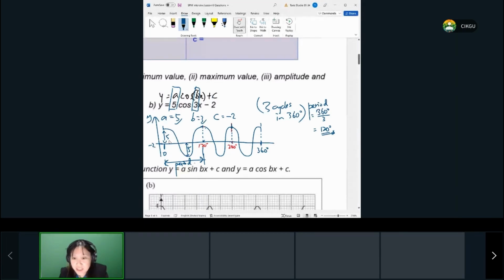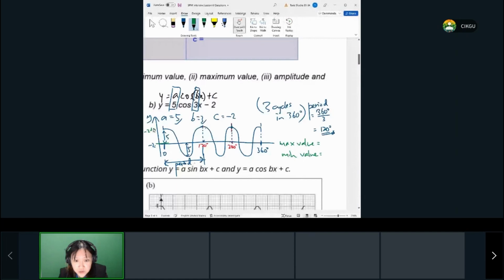If the question asks for the maximum and minimum value, once you know the values of A and C, it's very easy. You know that the middle value is -2. For the max value, you have to go up by 5, so add: -2 plus 5.